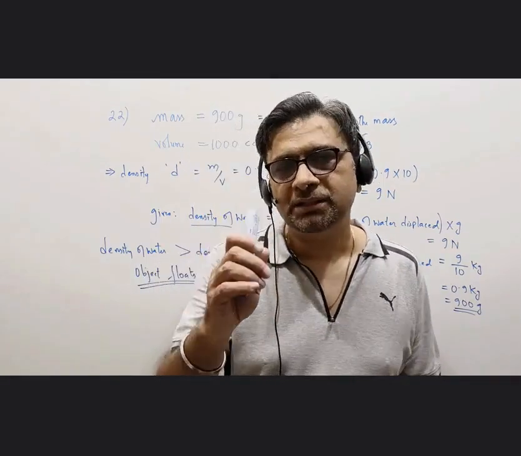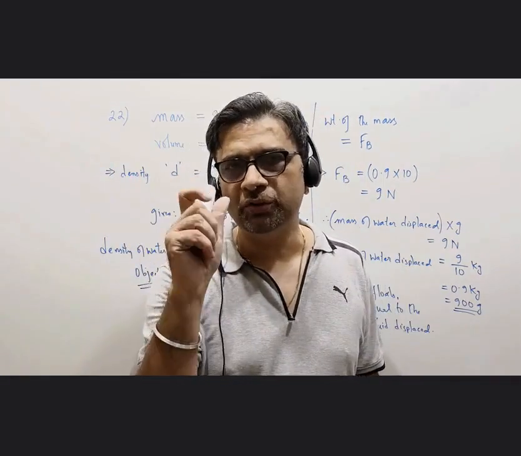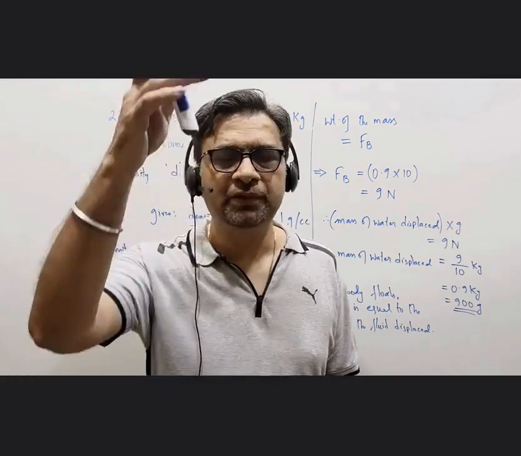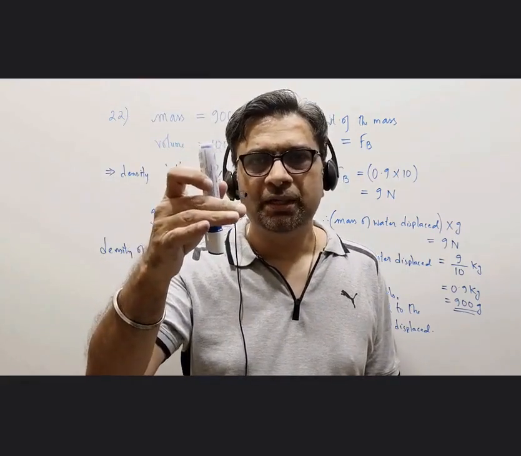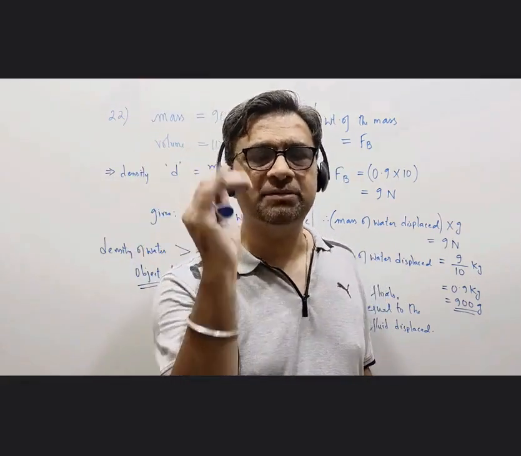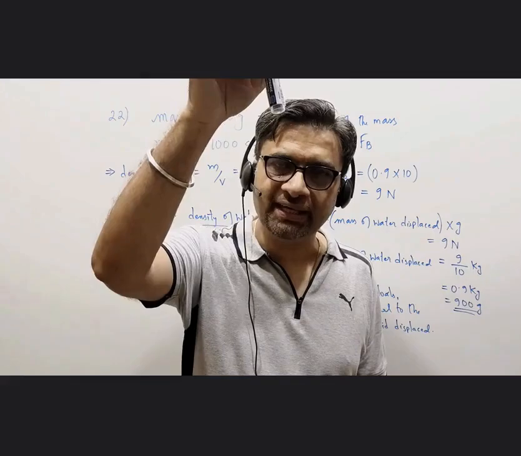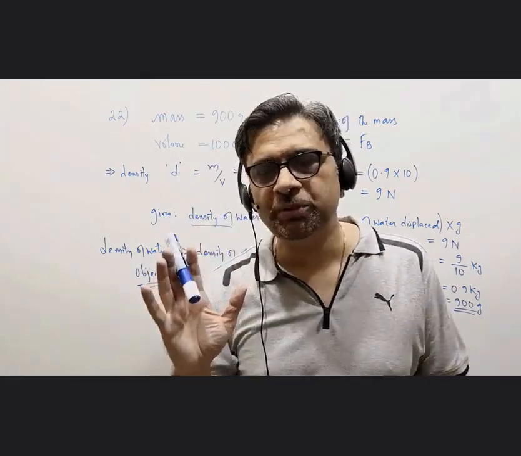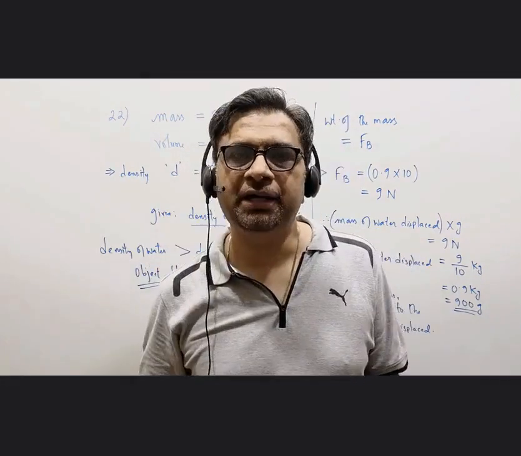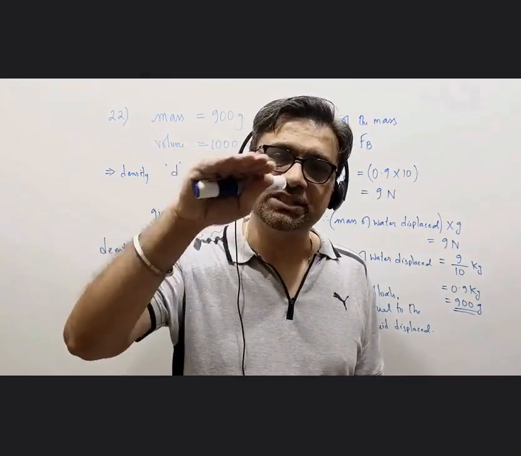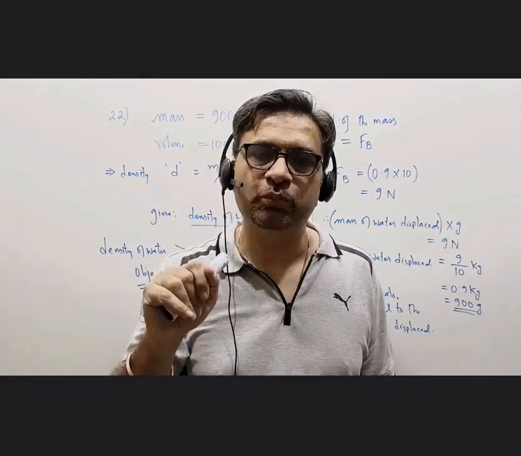Now in this case, if something is to float, we must bear in mind that the weight of the object would have been balanced by the buoyant force. I repeat, the weight of the object, which is acting downwards, has to be balanced by the buoyant force acting upward. Only then will the body stop sinking and stop somewhere.